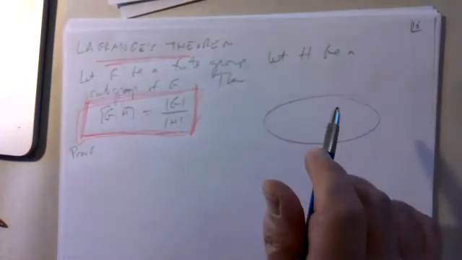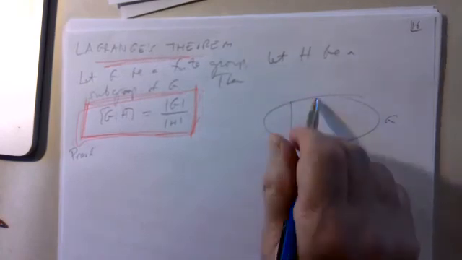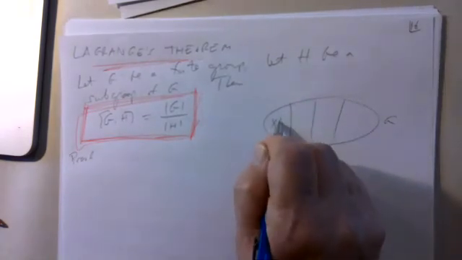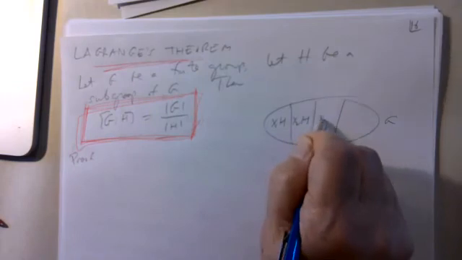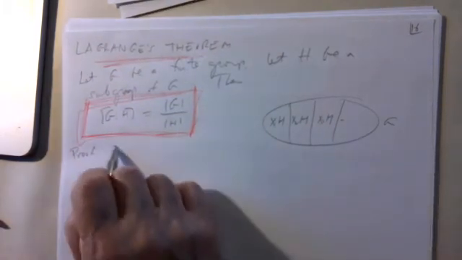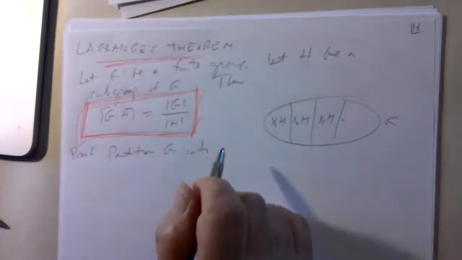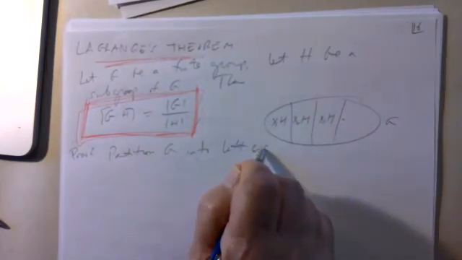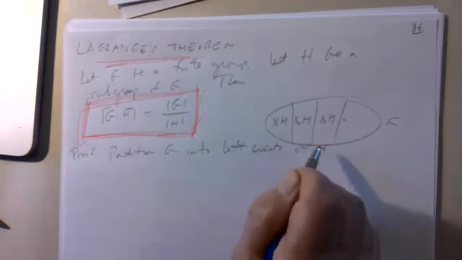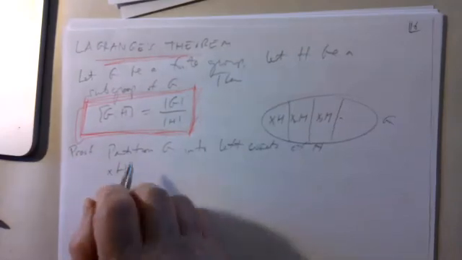In the proof, what we're going to show is if you take the group G, you can partition it into left cosets. So we shall partition G into left cosets of H. A left coset looks like xH.